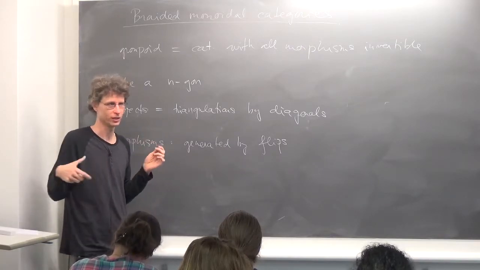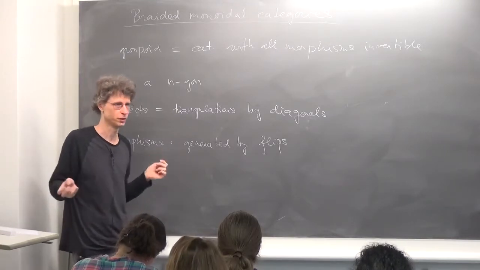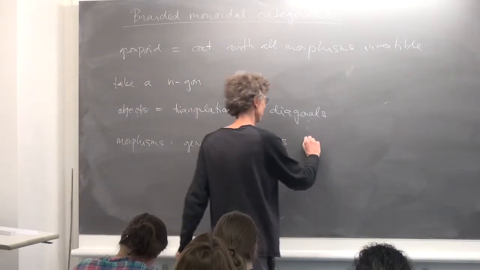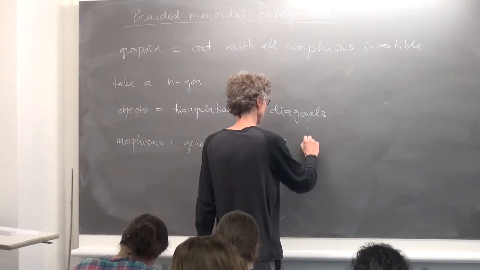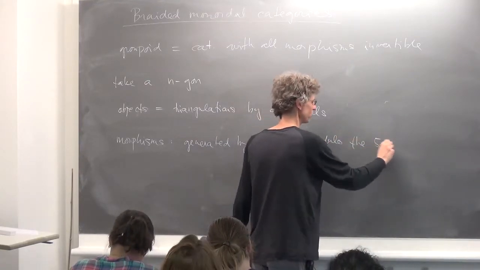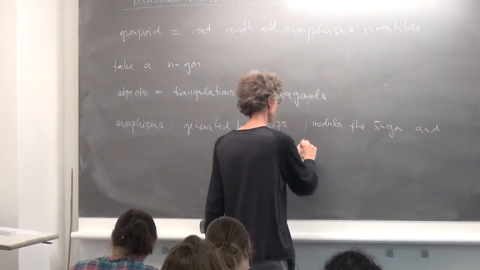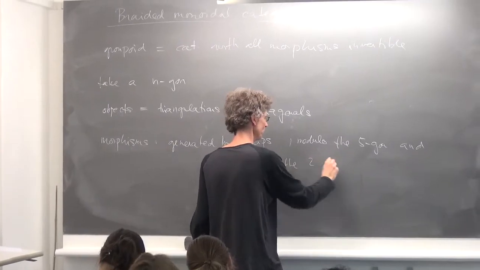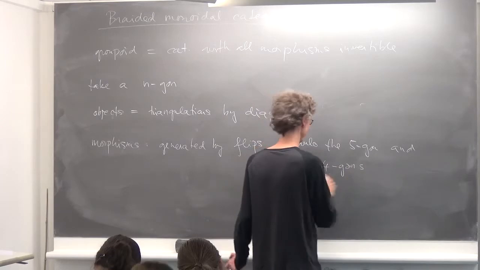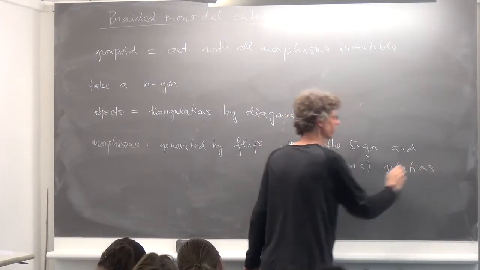There are no relations yet, so this would be a huge thing where the automorphism group would be a free group. But now we go modulo the pentagon and the two tetragons relations.